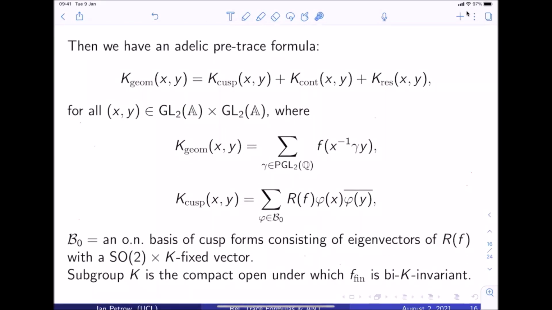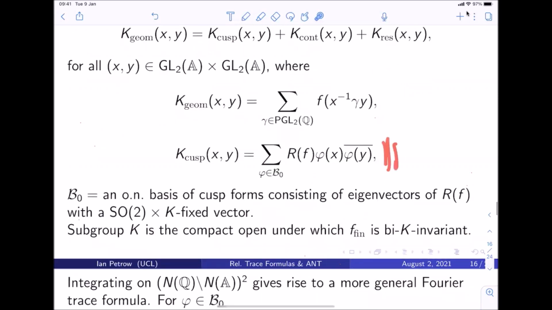Okay, so just like before, I have this adelic pre-trace formula, which now holds for X and Y in two copies of GL2 over the adeles. And again, I'm going to completely ignore what these two terms are. There's something similar, but I have similarly a geometric kernel and a cuspidal part.